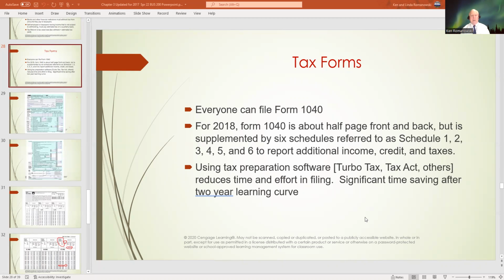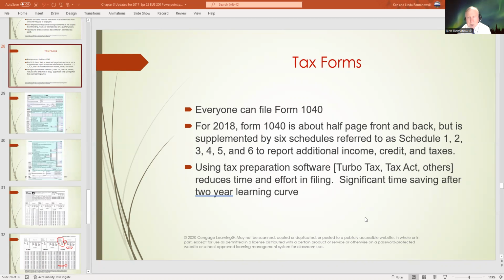So originally this form was longer, and then they changed and essentially in some regards simplified the tax laws back in 2018. So the tax form is shorter than what it was previously.